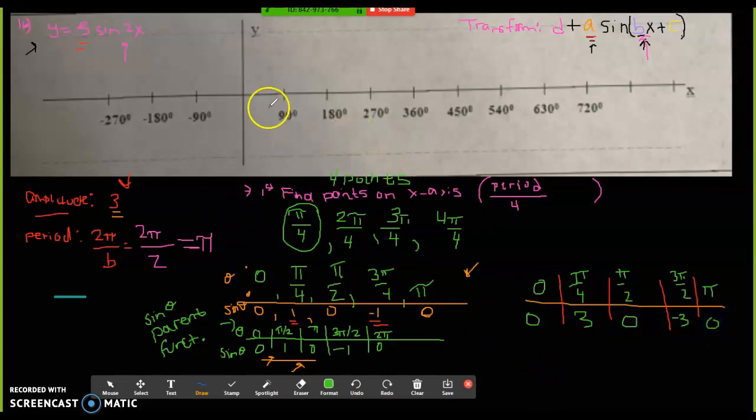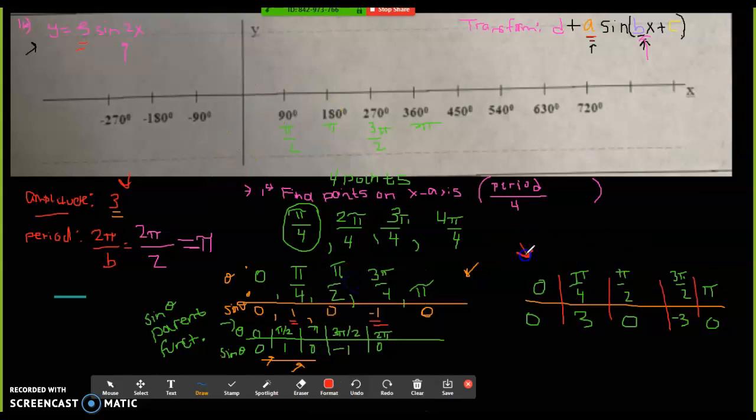Okay? And then I can go ahead and plot those points, guys. And if you want to, go ahead and change it from degrees to radians if you like. So I know that 90 degrees is really just my pi over 2 point. 180 is pi. 270 is 3 pi over 2. 360 is 2 pi.